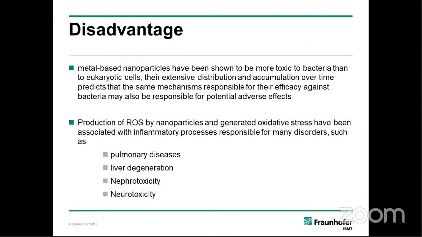There are also some disadvantages, and definitely it comes when we are using metal-based nanoparticles. They are used against the bacterial cells, so if we distribute these nanoparticles, they will also come in contact with the human cells.